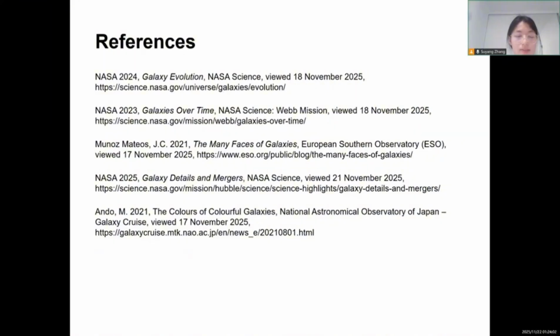By analyzing these galaxy images, we can see that the colors and structures of galaxies contain rich information. We can identify which galaxies are young, which are old, and which have experienced intense interactions.